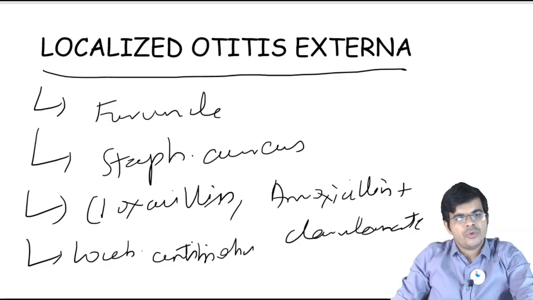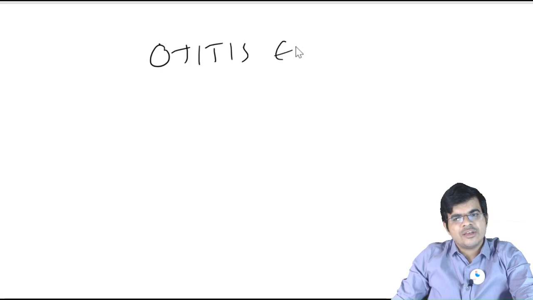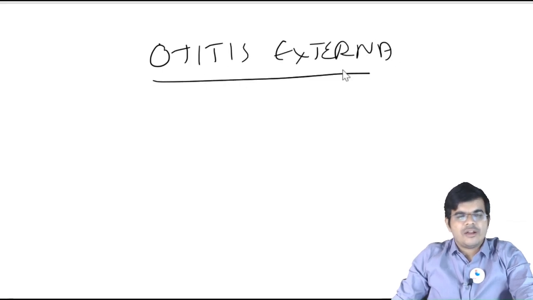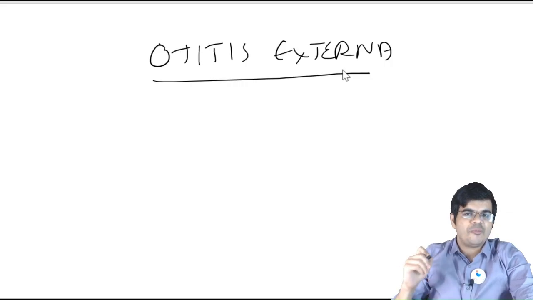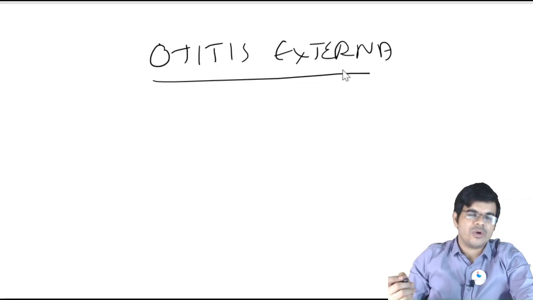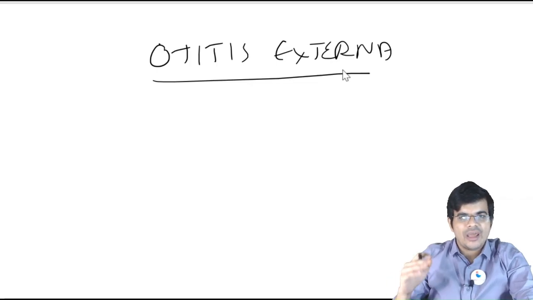Now coming to the fungal otitis externa or otomycosis. Before going to that, let's just revise what we have learned about otitis externa. We have learned about the various forms of otitis externa. When referred to otitis externa, usually it means bacterial type of otitis externa. Okay, otomycosis is the fungal otitis externa, but when plainly referred as otitis externa, it usually means bacterial.